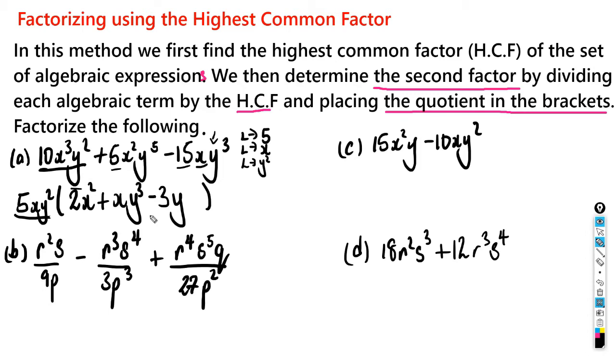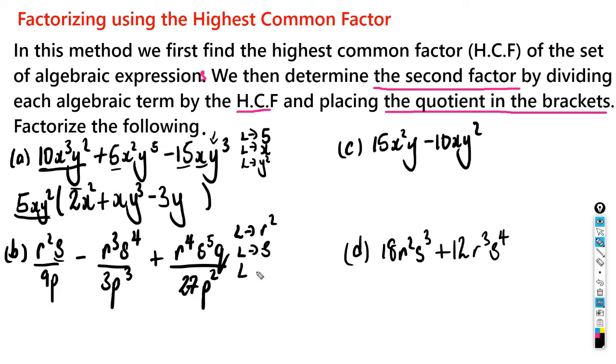Okay, so let's actually do part B now. It's the same thing. We want to find the lowest for the r's, and in this case it's r squared. For the s, it's just s.